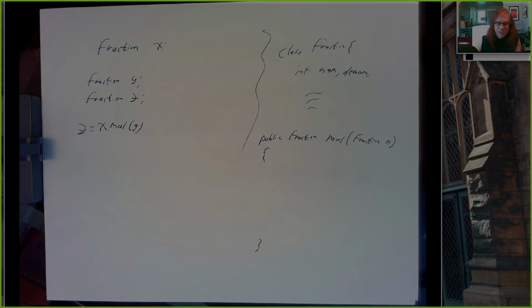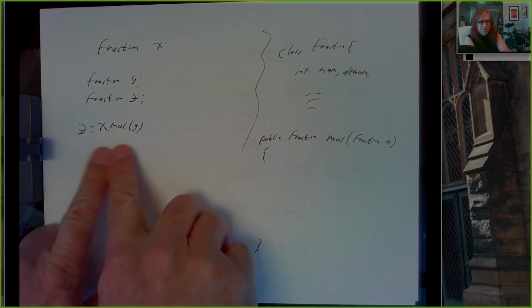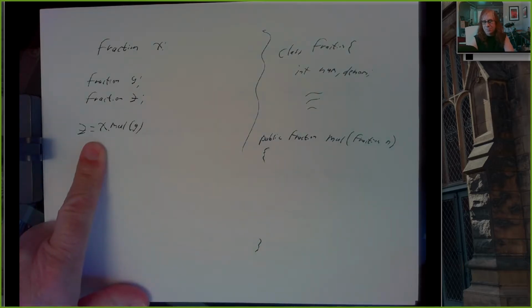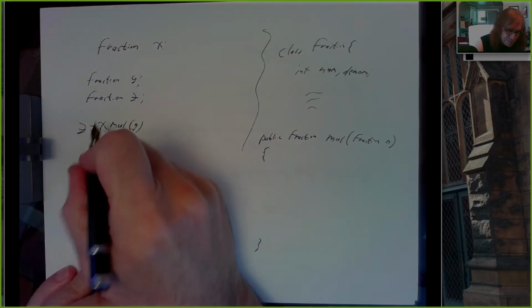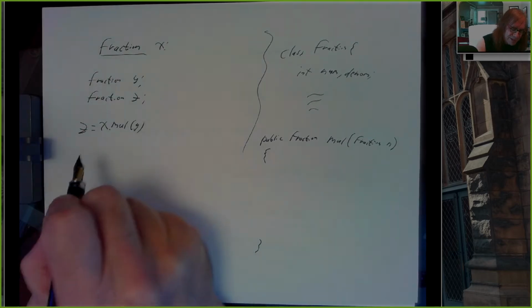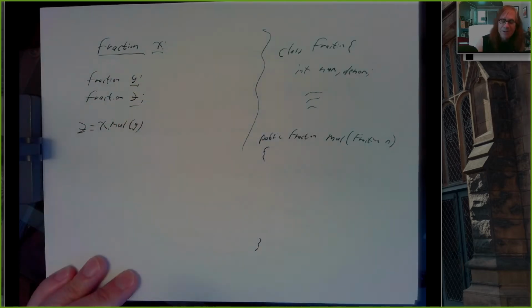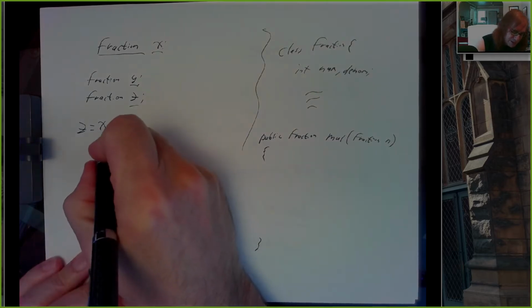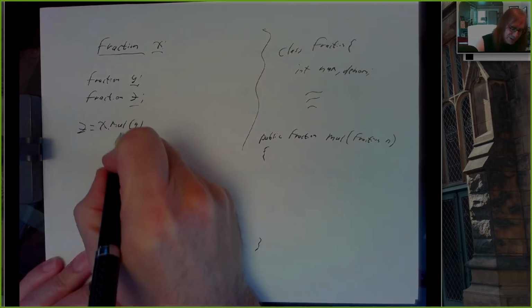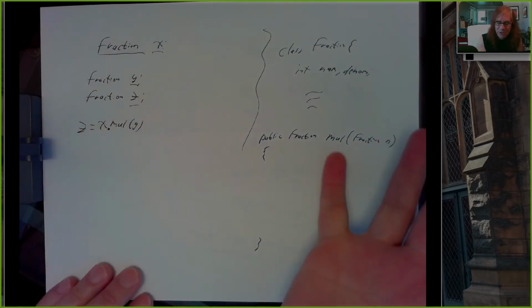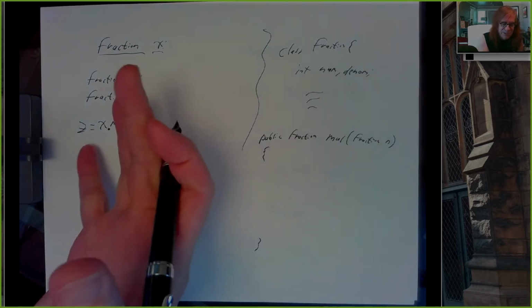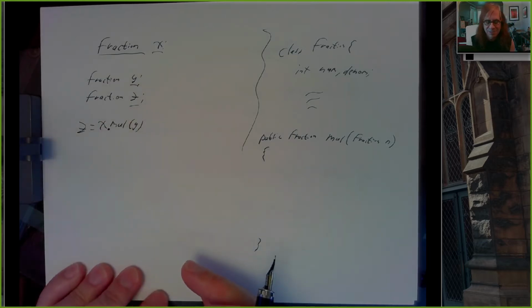So this is how you use that method in that fraction class. A way to think about this is, fraction is a class. X, y, and z are objects or instances of that class. And since x is an instance of a fraction and mul is a method in the fraction class, x dot mul is saying call this set of code inside this object x.